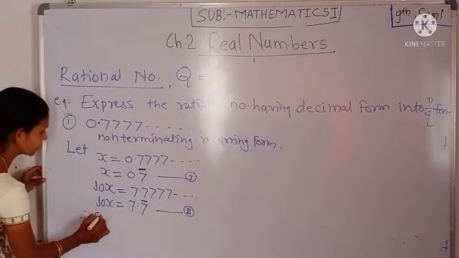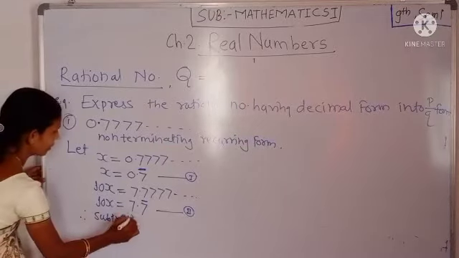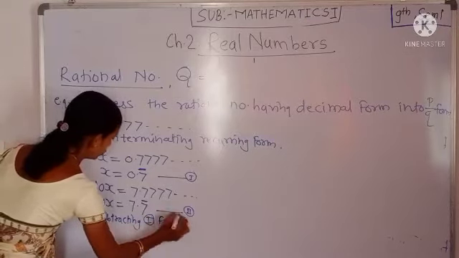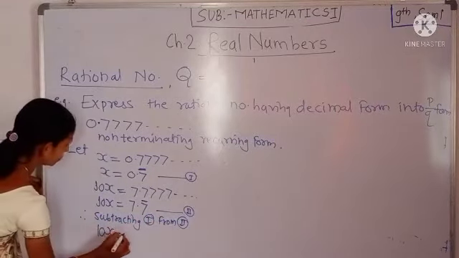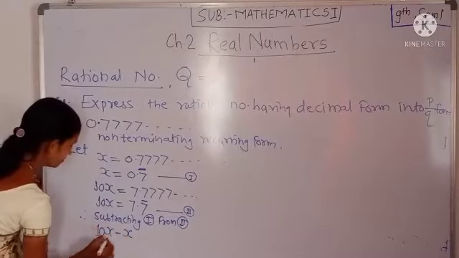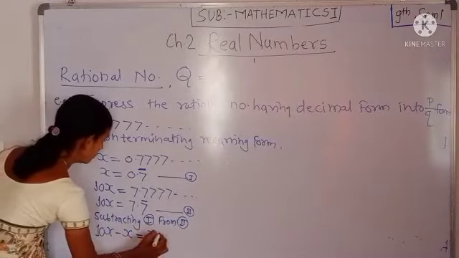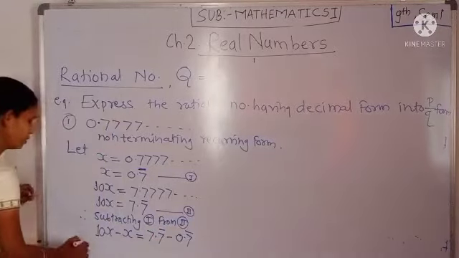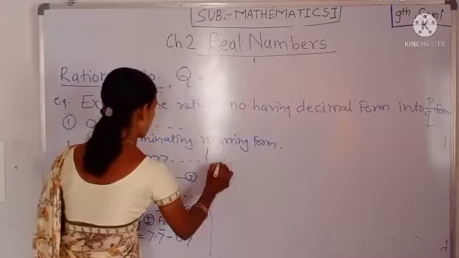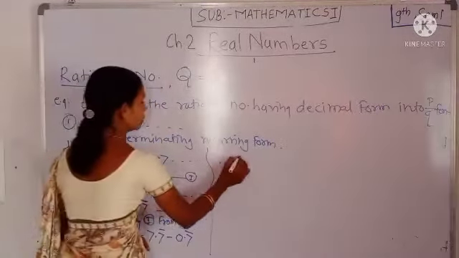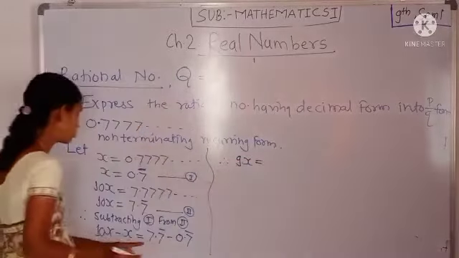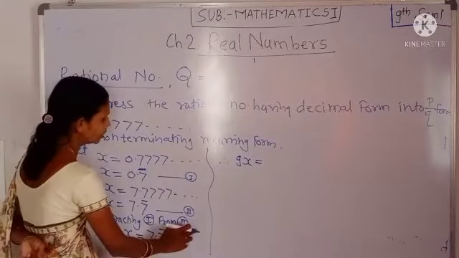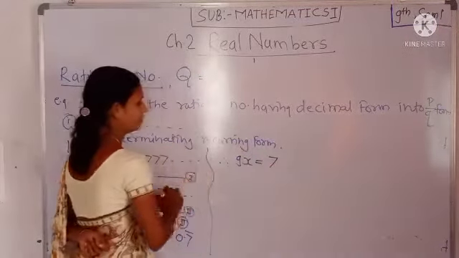Then subtracting equation 1 from equation 2, we get 10x minus x is equal to 7.7 bar minus 0.7 bar, and therefore 10x minus x, that is 9x, is equal to 7.